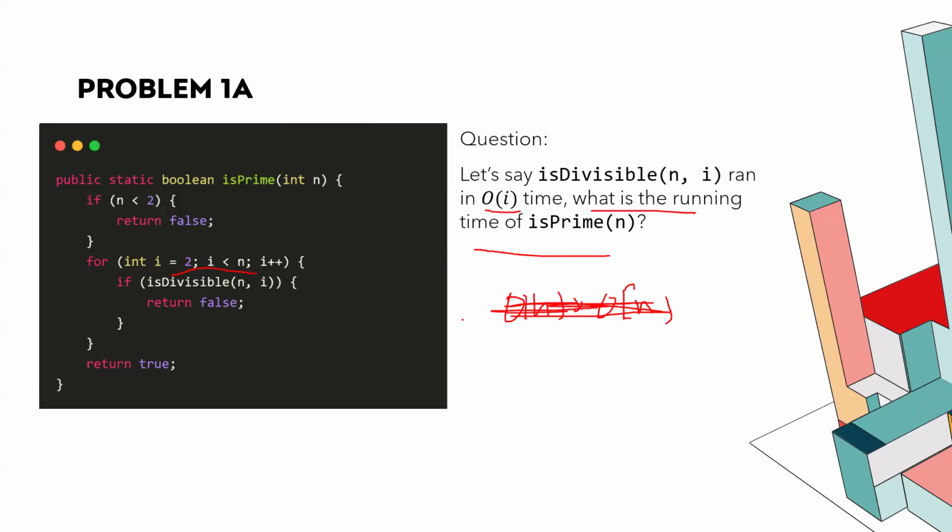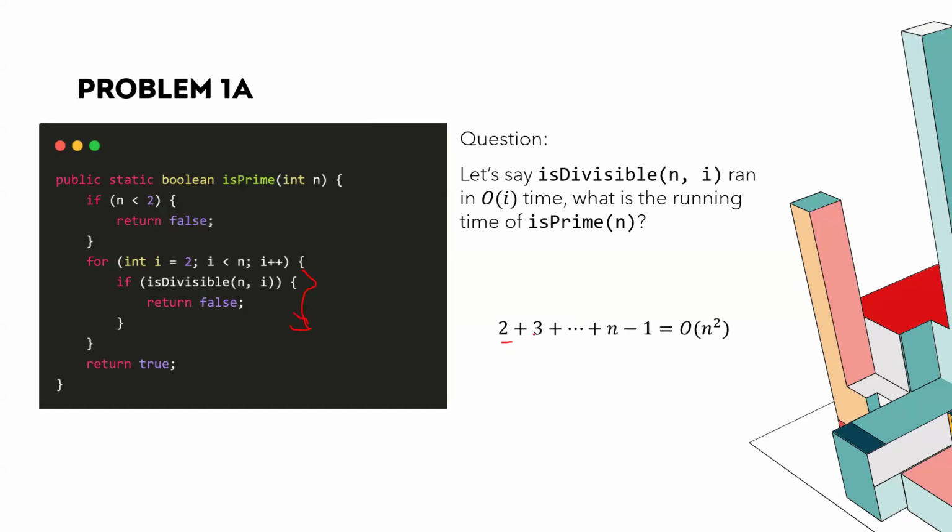In particular, it's more accurate to say that the amount of time it takes on the inside is actually 2 plus 3 plus 4 until n minus 1. And if you sum this up, yes, you arrive at the same conclusion. It is O(n squared), but we're being careful that we aren't being too loose with our bounds.